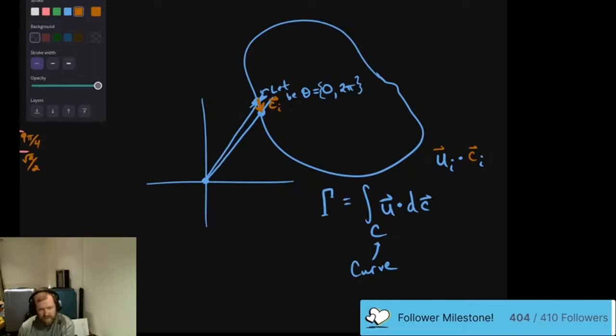Constant, okay. And v over r? Okay, so these are two separate velocities, as in two separate examples? Okay, yeah, okay.